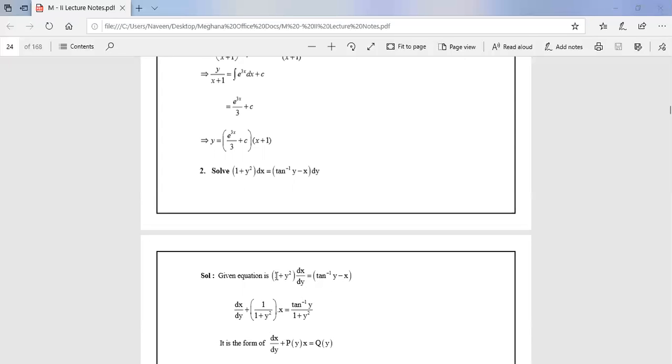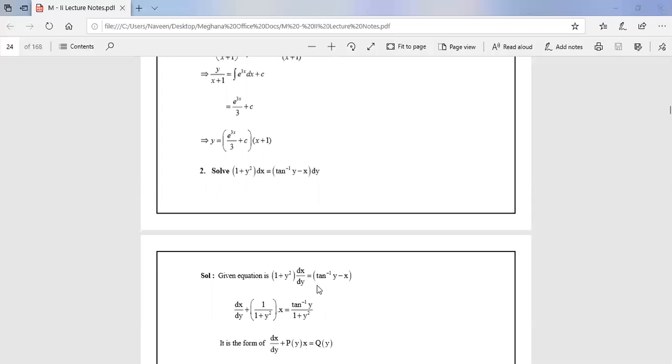Then on simplification, you get dx by dy is equal to tan inverse y by (1 plus y square) minus x by (1 plus y square). If you bring minus x by (1 plus y square) to the LHS side, it becomes plus.